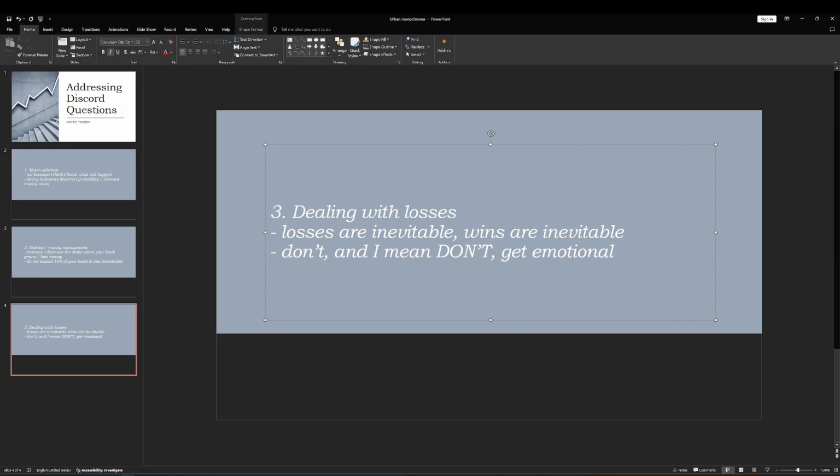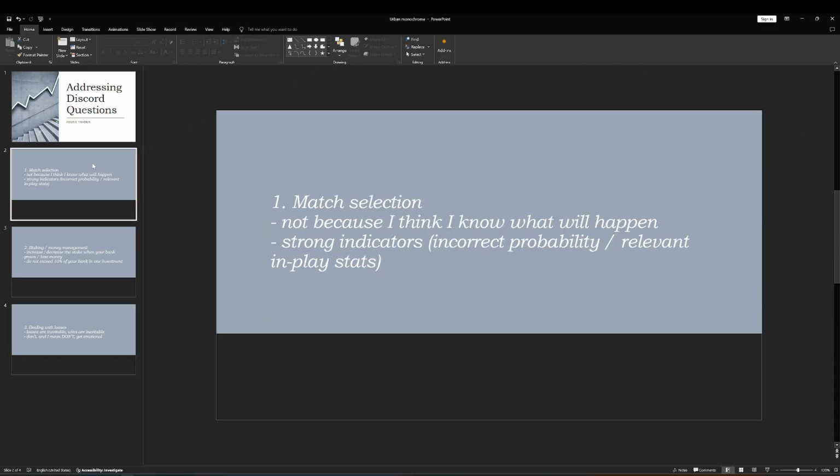You know that I'm not a fan of doing historical analysis for years in the past, but a couple of the last results support the market entry, right? This is why the match is selected. Not because he thinks he knows what will happen, not because he knows the home team will score. He has strong indicators, relevant in-play stats. This is the reason. This is how you should select games.